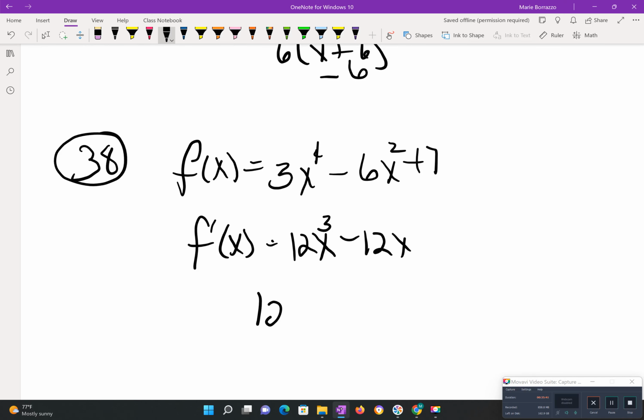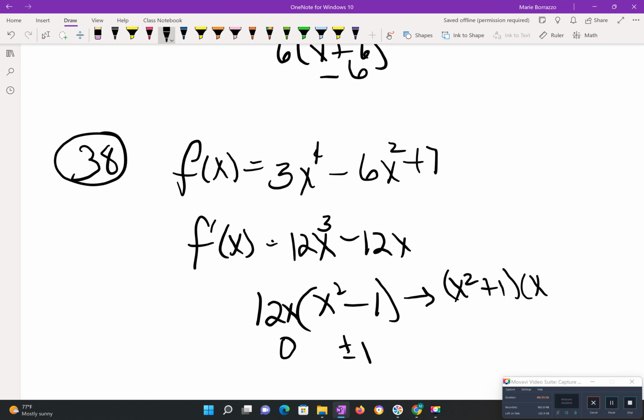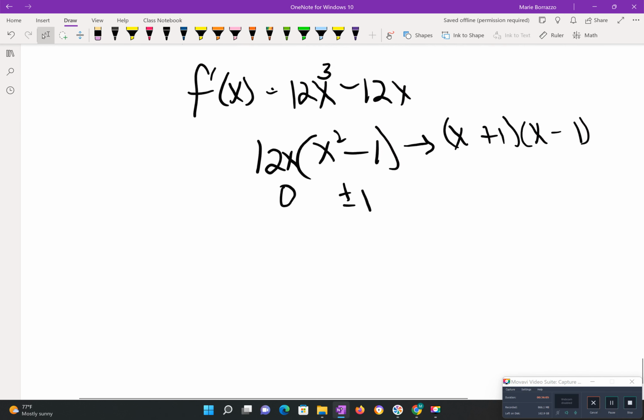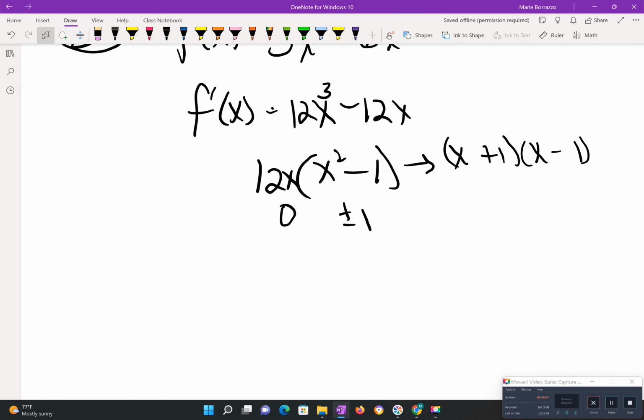If I factor out 12x, I'm left with x squared minus 1. So that means that I have 0 and I have plus or minus 1, because this factors further. Remember, this is a perfect square. This is x plus 1 times x minus 1. Typo. Sorry.